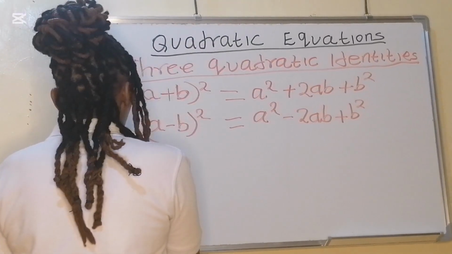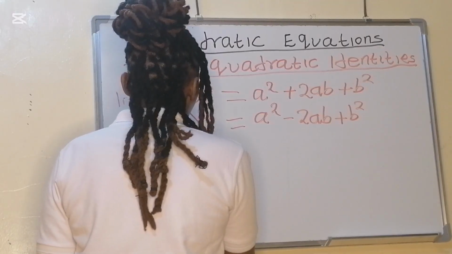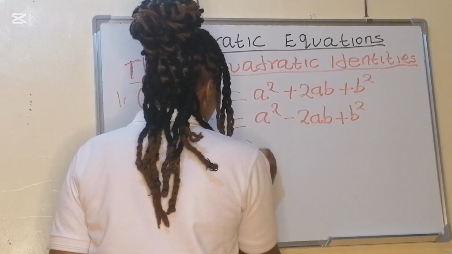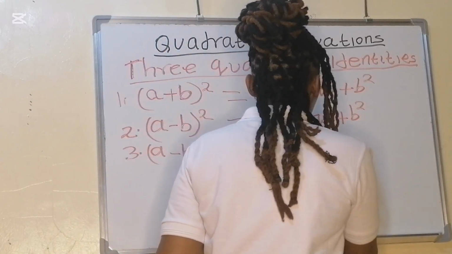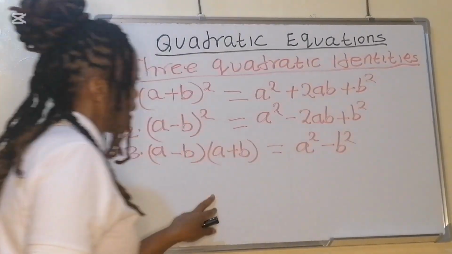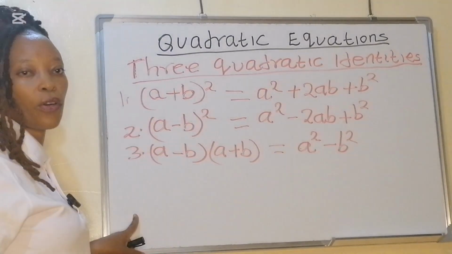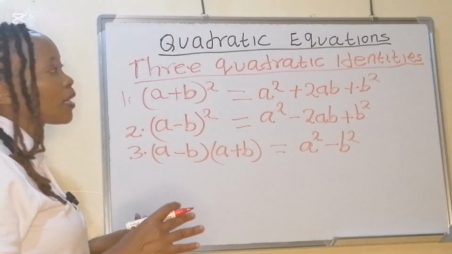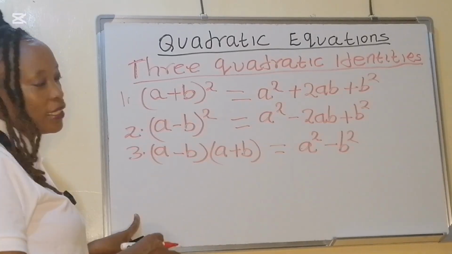The third one, finally, a minus b times a plus b is equal to a squared minus b squared. These are the three quadratic identities that you need to know to be able to expand and factorize quadratic equations.